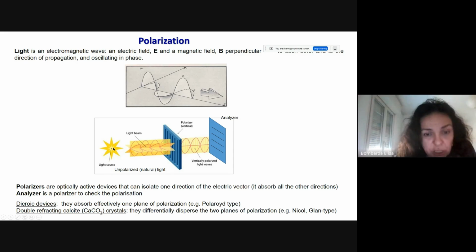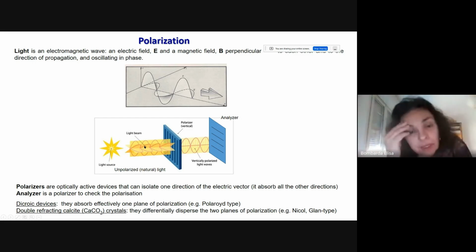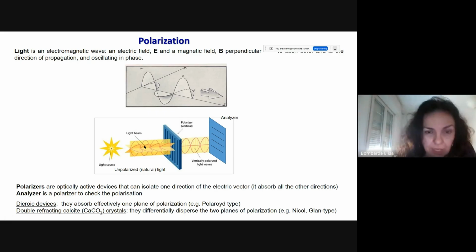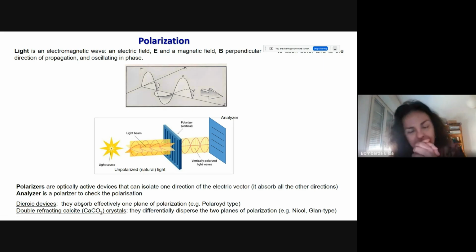The light source, when it's unpolarized, which is the case of natural light, for example, is passing through a polarizer, which is a device that can isolate one direction of the electric vector, because, for example, it transmits effectively one plane of polarization, and absorbs all the others.